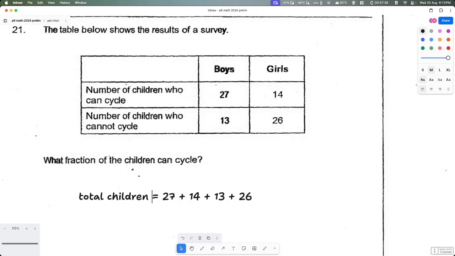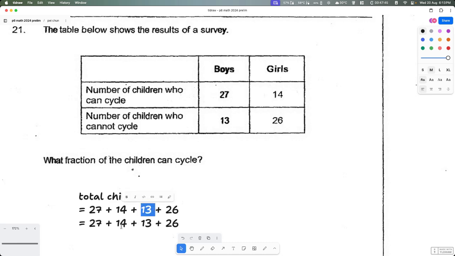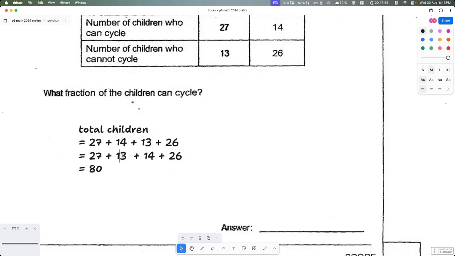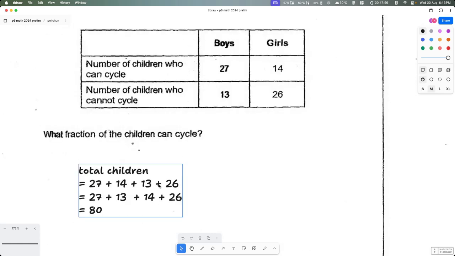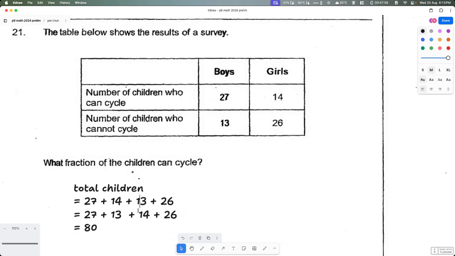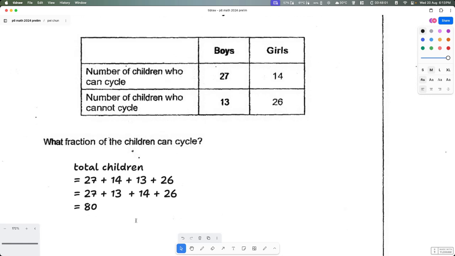Okay, so I'm gonna just rearrange them so it's easier for me to calculate. So 27, 13, and then 14, 26. Okay, that's simple. So this is basically 80, right? So 27 plus 13 is 40, 14 plus 26 is 40, so it's 80. So the children is 80, so fraction can cycle. So can cycle is equal to 27 plus 14.